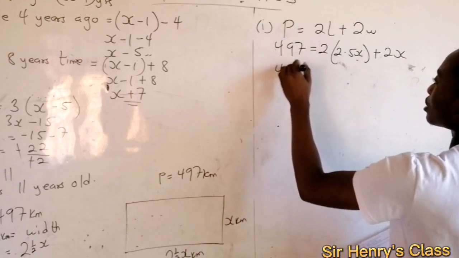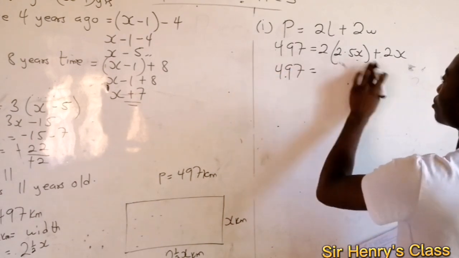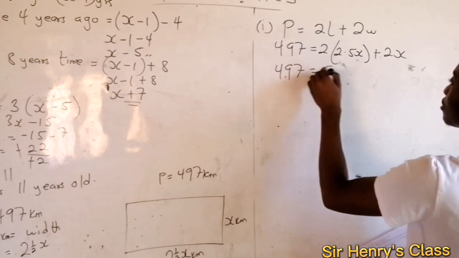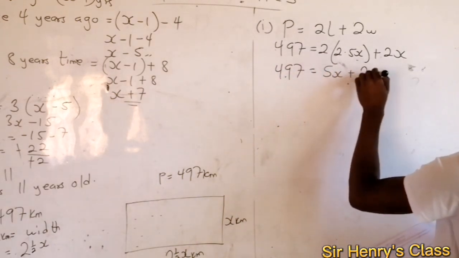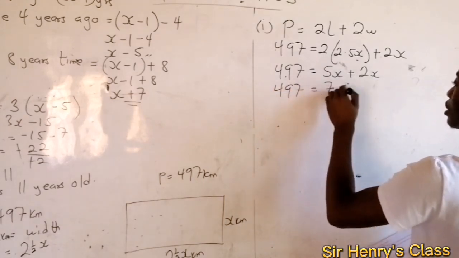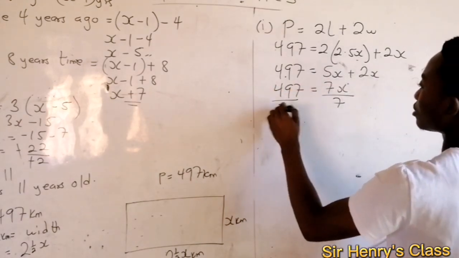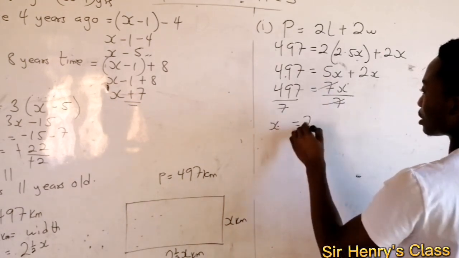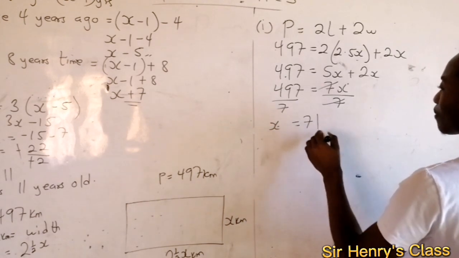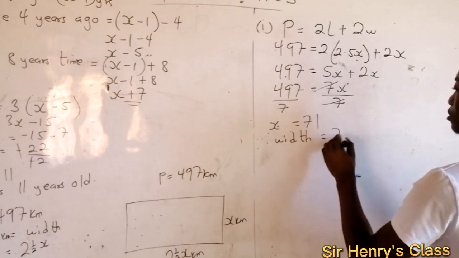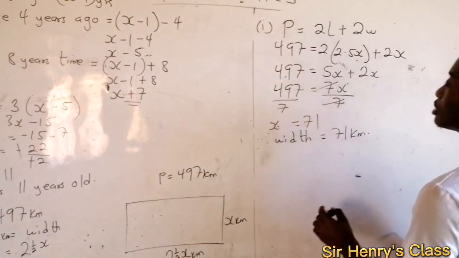So 497 is equal to 5x plus 2x. So 497 is equal to 7x. Divide by 7, divide by 7. So x is equal to 71. So therefore the width is equal to 71 kilometers.